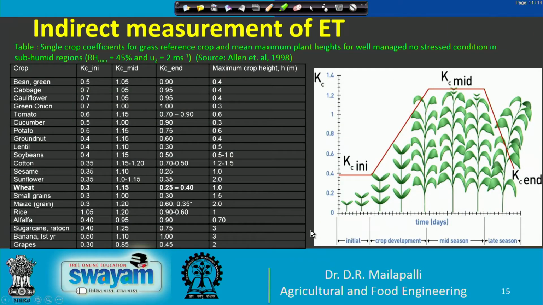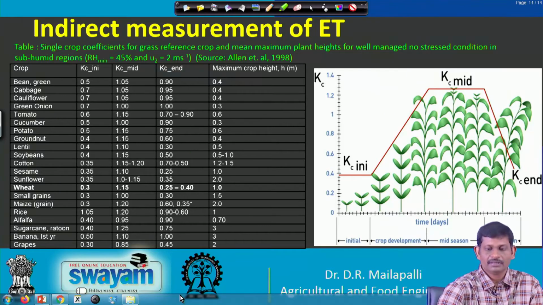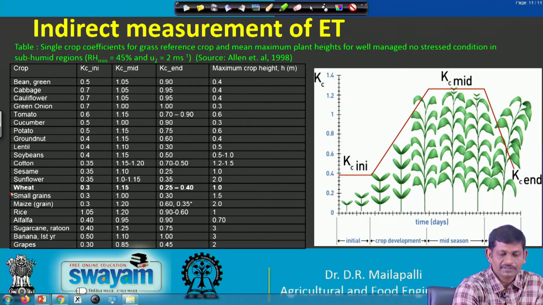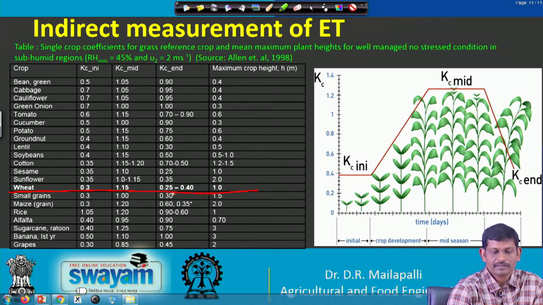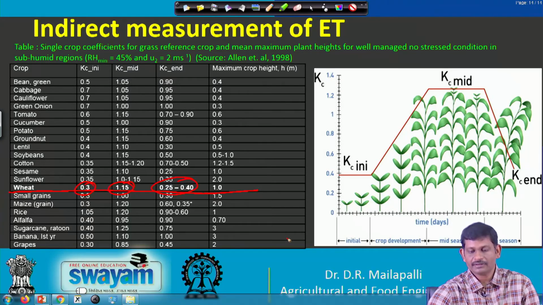Here the figure and the table give you the crop coefficient values for different crops. For example, for the wheat crop, you see the Kc initial value, mid value, and Kc end value. This table is given by FAO, the Food and Agricultural Organization.